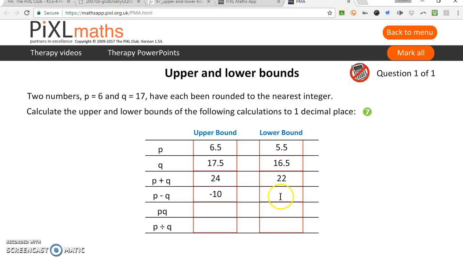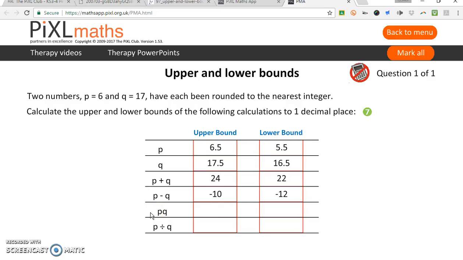And then if I look over here, I've got 5.5 minus 17.5 leaves me with an answer of minus 12. Now, P times Q, again, with our operations where we're getting answers that are larger, we want to take the upper and the upper.